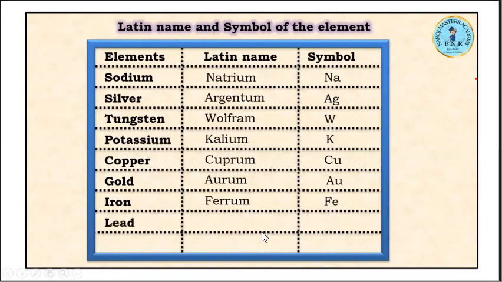Last, lead. Lead is plumbum, and the symbol is Pb. Last one is mercury, and the Latin name of mercury is hydrargyrum, and its symbol is Hg.